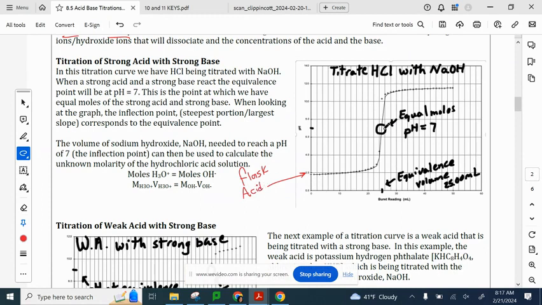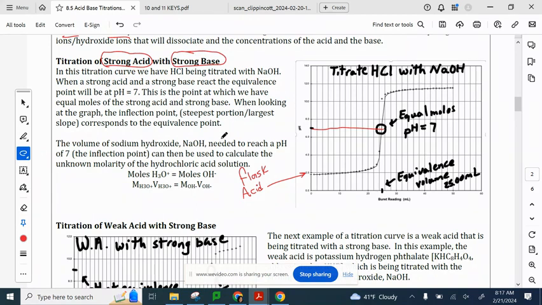All right. Now, if your equivalence point ends up being 7, that means you were working with a strong acid and a strong base. This is what you did in first year chemistry. You did a titration of a strong acid, strong base back in the day.